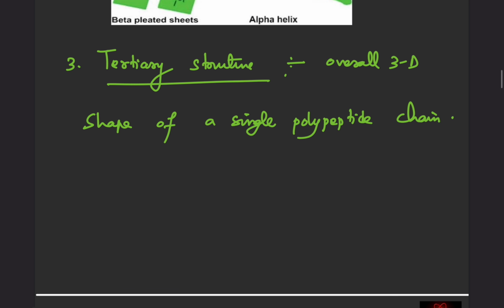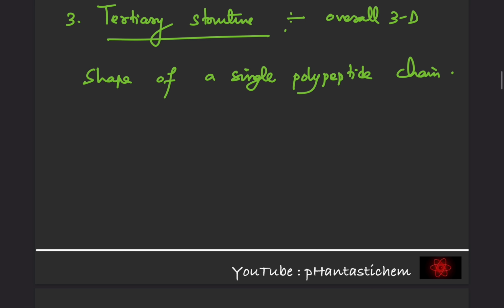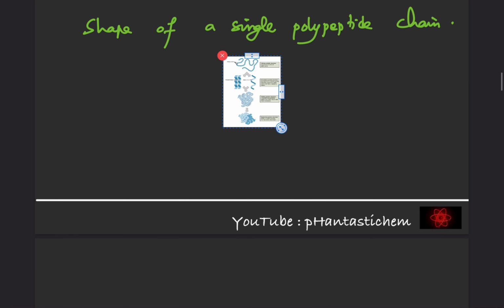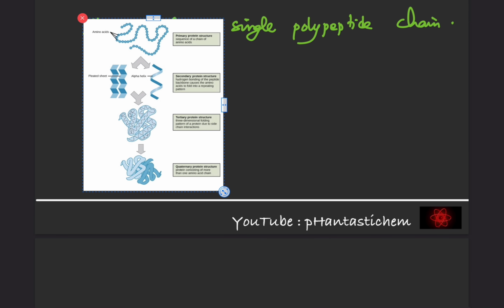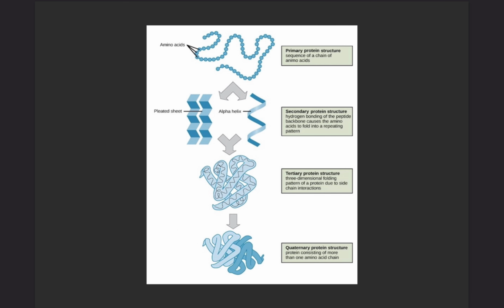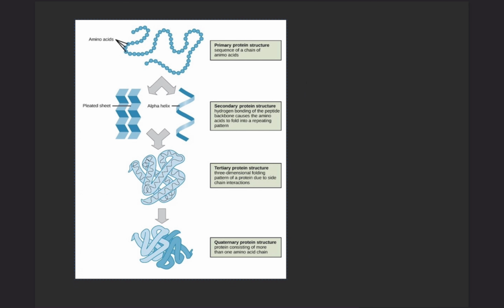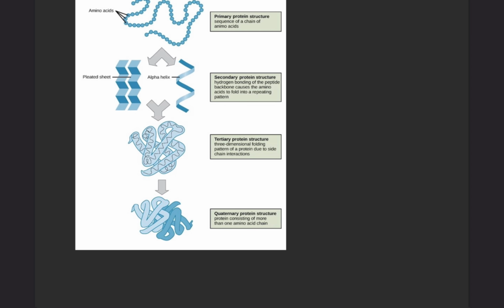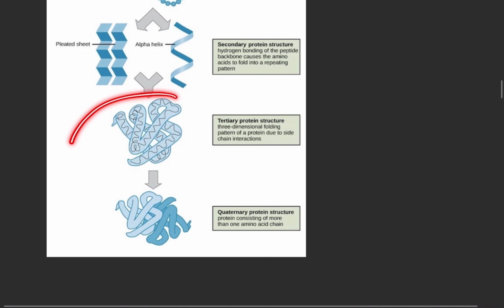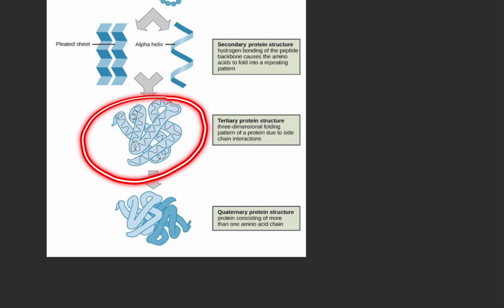Okay, that is, it refers to the manner in which the entire protein molecule folds up in the three-dimensional space to produce a compact form. Okay, to understand this, we'll again refer to a picture. Okay, so you can see this is the tertiary structure that I'm talking about. Okay, so this is the overall representation of the single polypeptide chain.